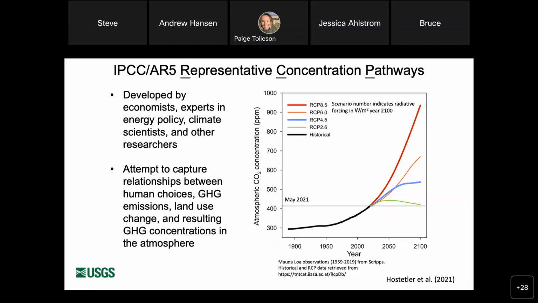The two that we looked at in the GYE assessment are RCP 8.5, which is basically business as usual, without much mitigation of carbon dioxide and greenhouse gas emissions, and then RCP 4.5, where there is mitigation mid-century, and that ends up capping the temperature rise associated with greenhouse gases.